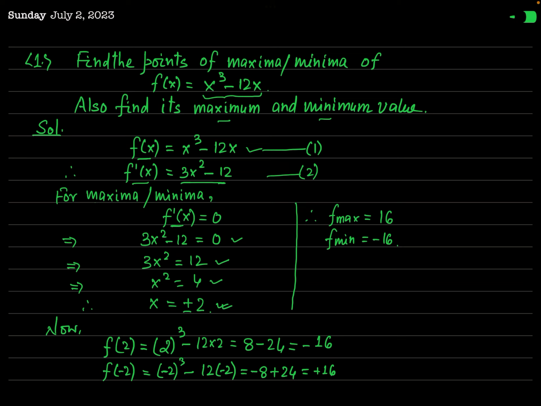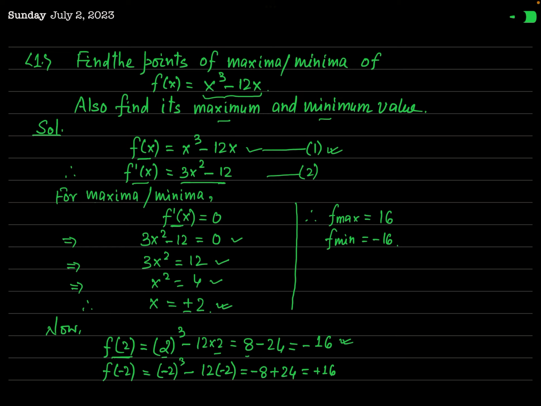We will simply put x = 2 in this equation 1. Then you will get the value of this function when x is equal to 2. So f(2) will be equal to what? This will be 2³ - 12 × 2. This will be 8 - 24, which is -16.